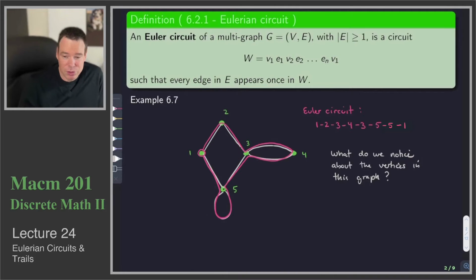We have an Euler circuit in this graph. I would like to try to figure out conditions on when Euler circuits exist versus when they don't exist. So a part of that is looking at a graph that has an Euler circuit, like the one we have here, and trying to get from it properties that the graph has. In this case, I'm asking specifically about the vertices. Do we notice any properties that the vertices have?